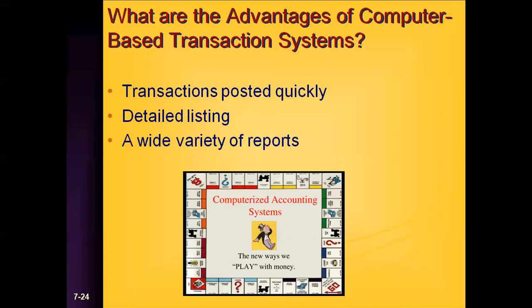The advantages of a computer-based system are basically three. Transactions are posted very quickly. You don't necessarily have to have a large series of journal entries. You can get listings printed out at any time, so you know exactly where your business is. You can get a variety of internal controls and edit checks to prevent and detect errors, and there's a wide variety of reports. And you can do this on a daily basis.